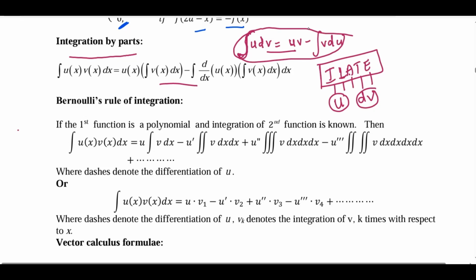Or we can write it as the integral of u(x) v(x) dx equals u into v1 minus u dash into v2 plus u double dash into v3 minus u triple dash into v4, etc., where dashes denote the differentiation of u and vk denotes the integration of v k times with respect to x.